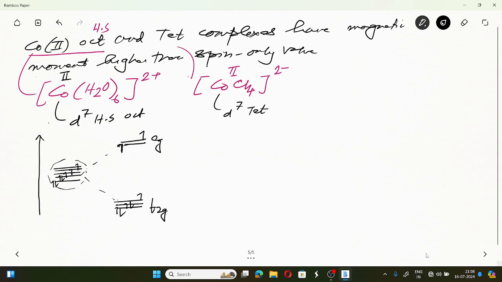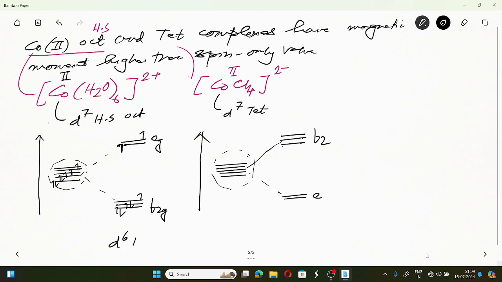This is the ground state configuration for octahedral complex, and for the tetrahedral complex with respect to spherical symmetric field of negative charges, so this is e, t2, so this is d7 high spin octahedron আর এটা হচ্ছে d7 tetrahedral 1 2 3 4 5 6 7, 1 2 3 4 5 6 7 like this. So this is the configuration.